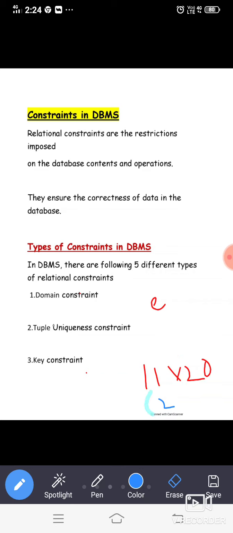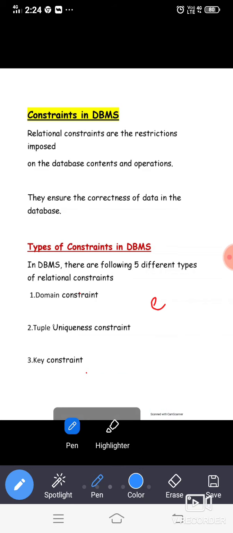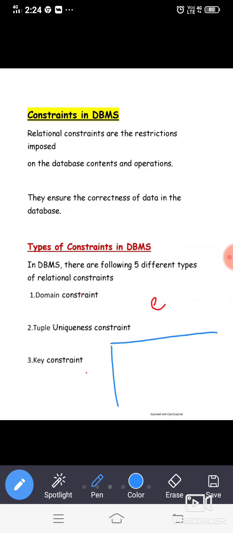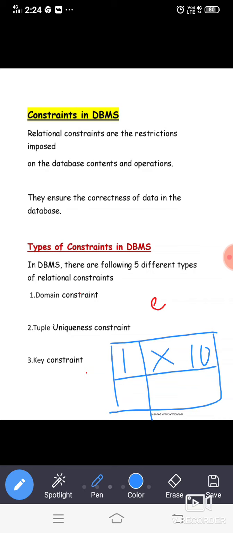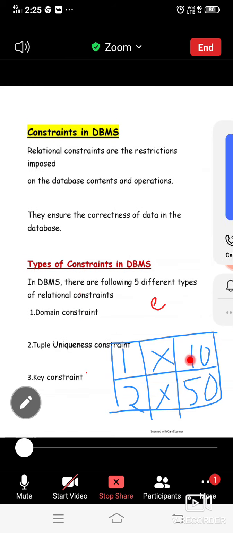Here you may have a question. We are talking about the tuple uniqueness constraint briefly here. 1x10 is the first tuple's values, 2x50 is the second. So tell me, are both the rows unique or same? I am giving the example here.